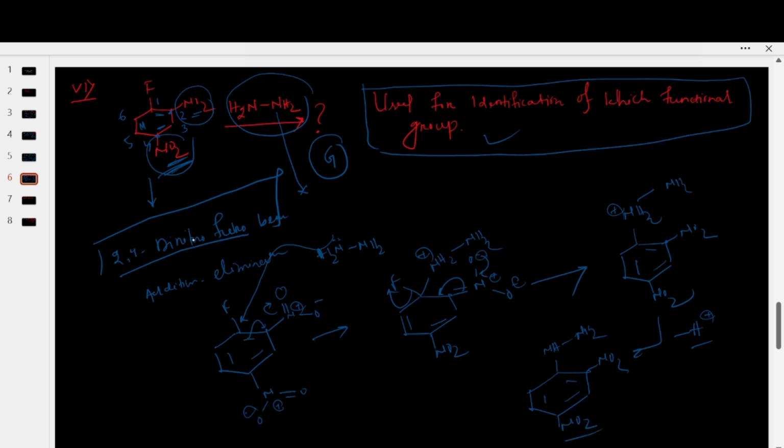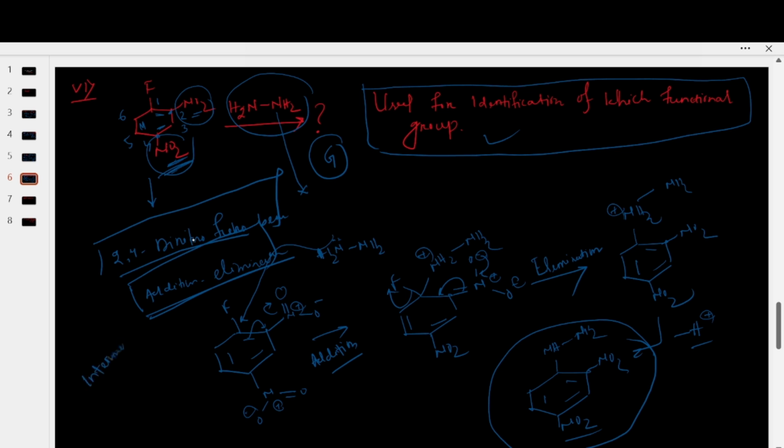So this is the product of the given reaction. So this step is known as the addition step, and this is known as the elimination step. So the overall reaction is known as an addition elimination reaction, and here the intermediate formed is a carbanion.